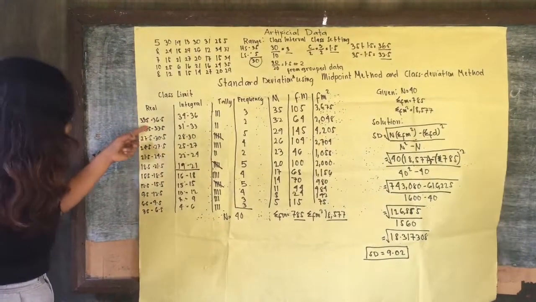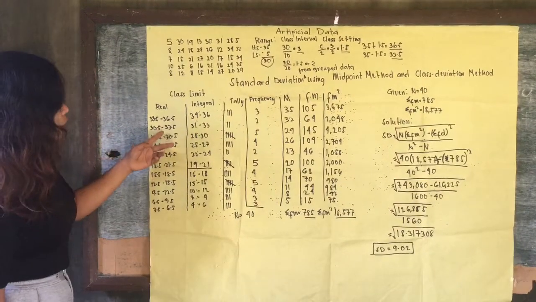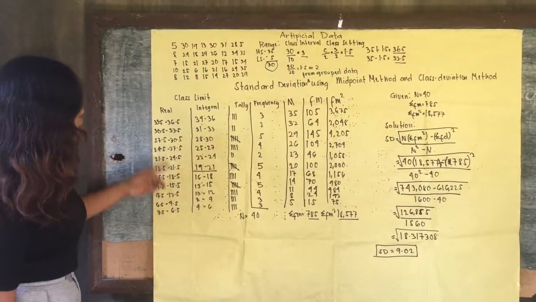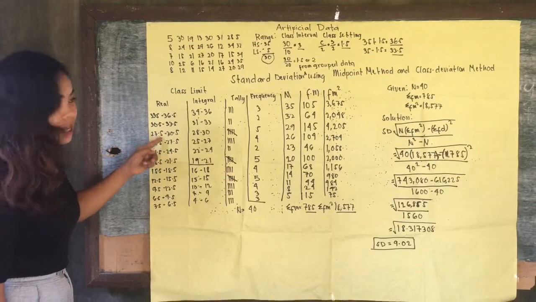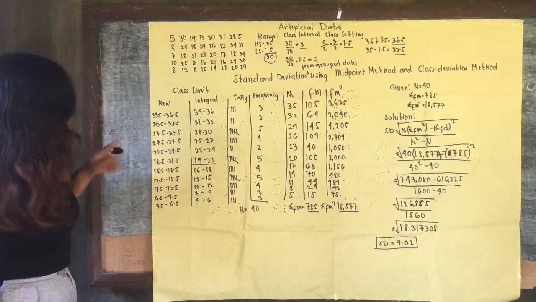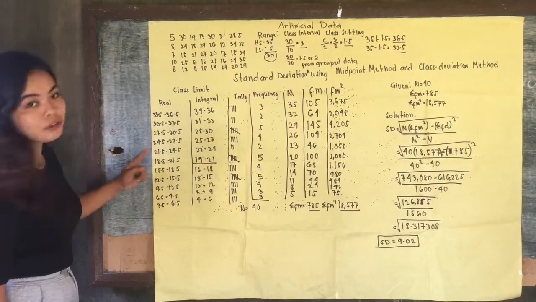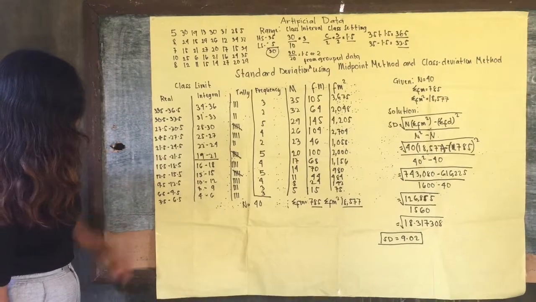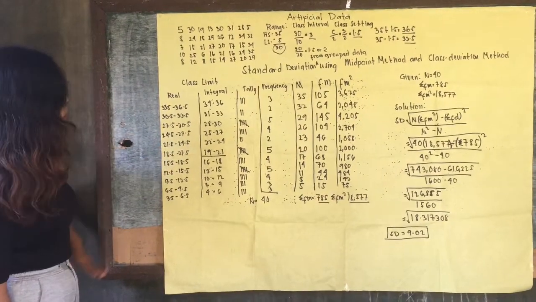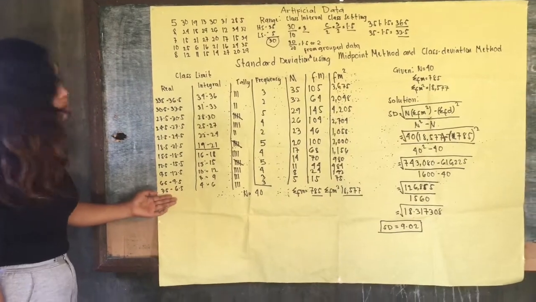So 33.5 minus the class interval of 3 is equal to 30.5. Then 30.5 minus 3 is 27.5. Then 27.5 minus 3 is 24.5. Then 24.5 minus 3 is 21.5. Then 21.5 minus 3 is 18.5, and so on and so forth.